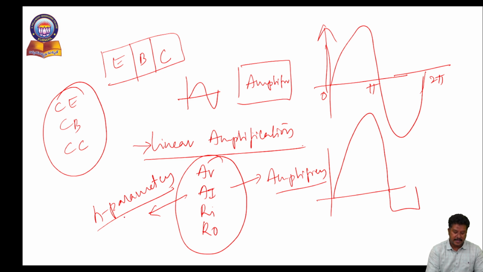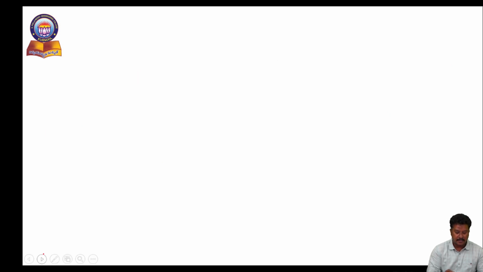Why? Because H parameters are very crucial in order to find out all the parameters of the amplifier. That is the reason first we have to consider the transistor as equivalent to a two-port network. So in that process, the first condition I am considering is that the transistor is a two-port network.